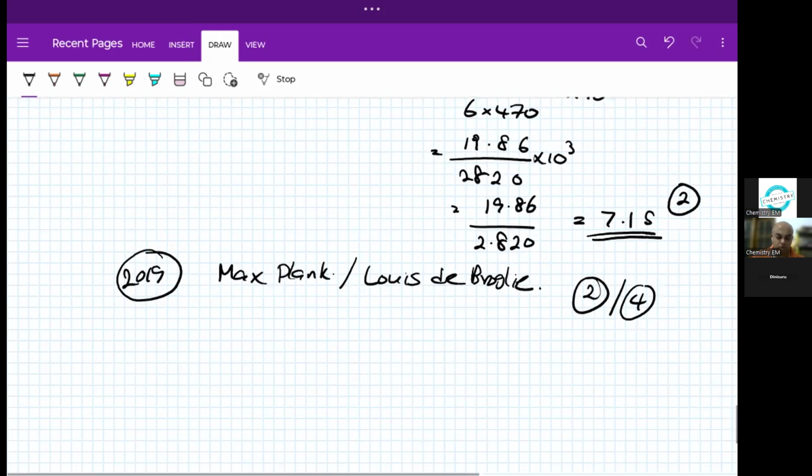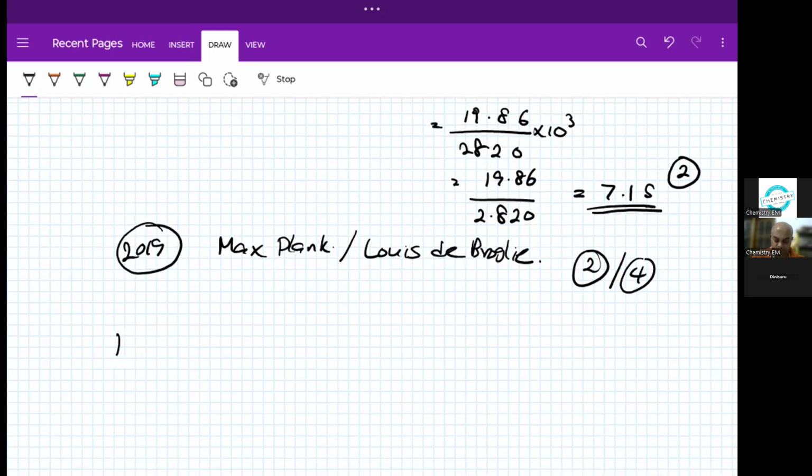Then 24th question, 2020. Consider the following discoveries made with regard to the atomic structure: positive rays inside the cathode ray tube, and radioactivity by certain types of nuclei.